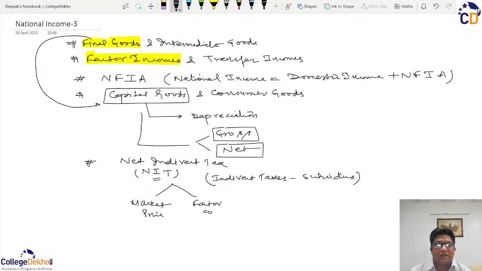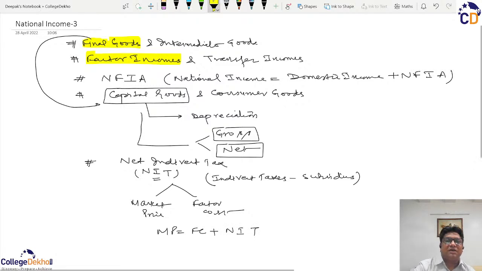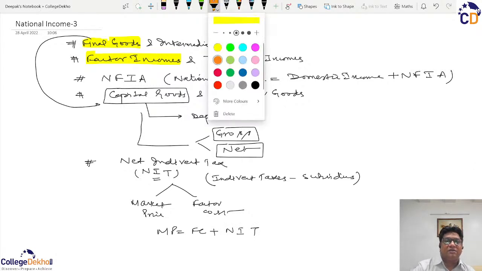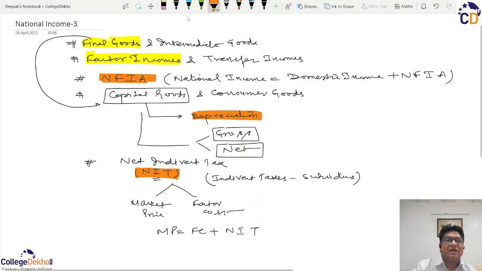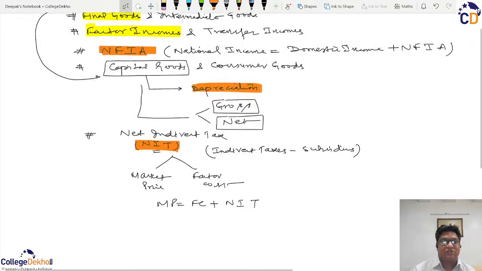Factor cost is actually the value of these factor incomes, and therefore market price is equal to factor cost plus net indirect tax. So basically, these figures of NFIA, depreciation and net indirect tax are the key to understand the various aggregates of national income.